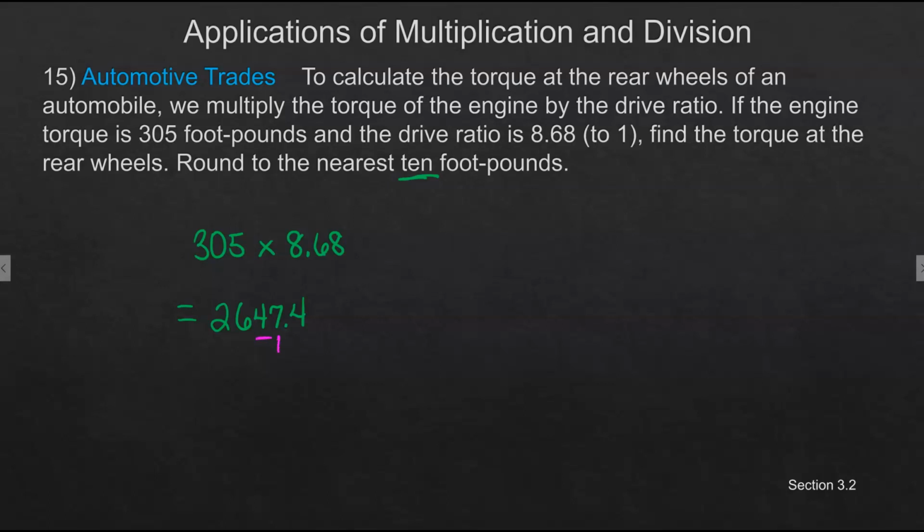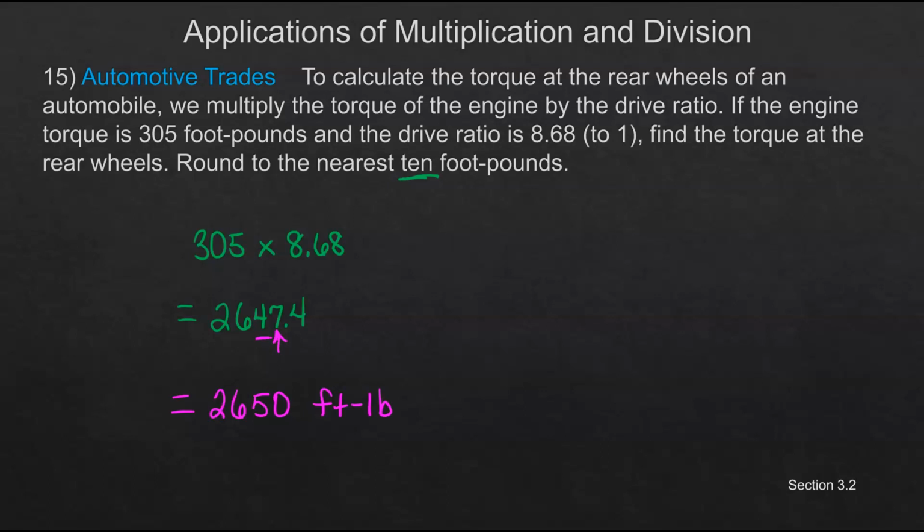And here's our tens place. That 7 tells me that I'm going to add one to the 4. So 2,650. And we've got it rounded. We also need to label it, and that is in foot-pounds. All right, and we're finished with that one.